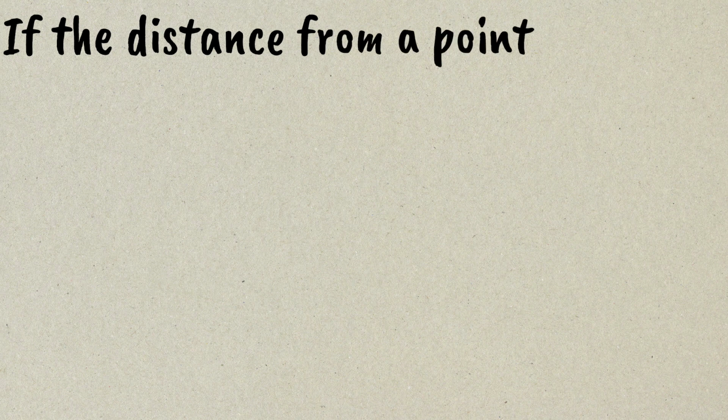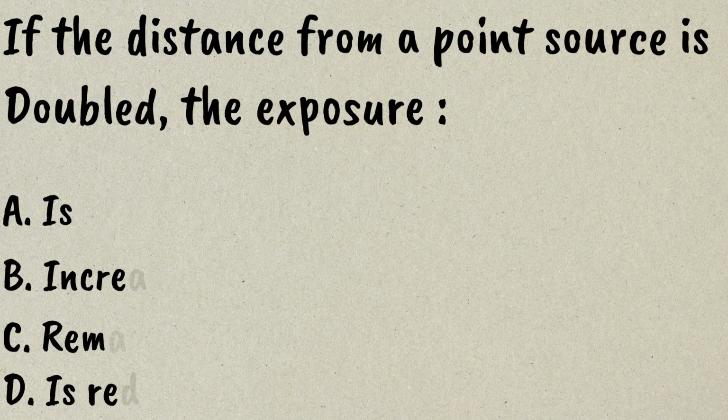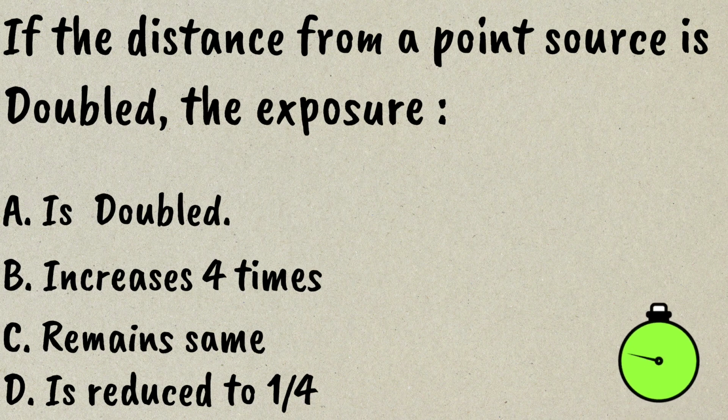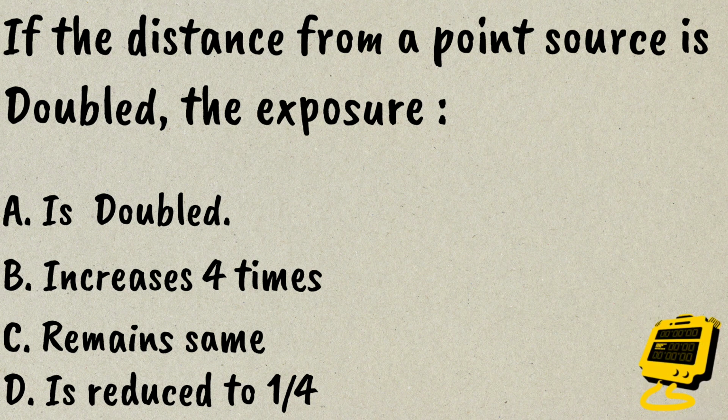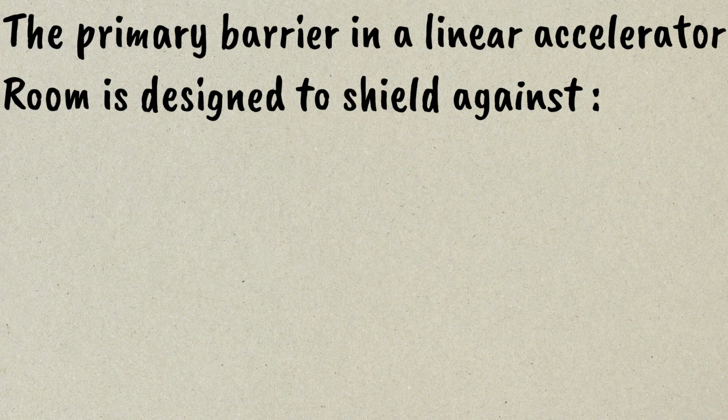If the distance from a point source is doubled, the exposure. The primary barrier in a linear accelerator room is designed to shield against.